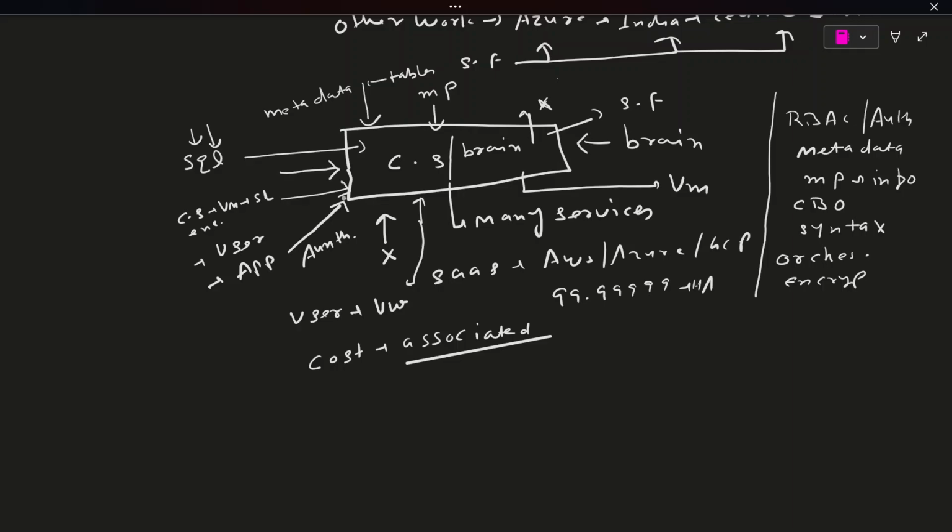There are many features which this service does behind the scenes to automate many operational things. And yes, there is a charge associated with this, and we will discuss how that costing works.